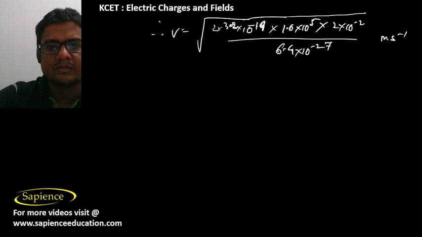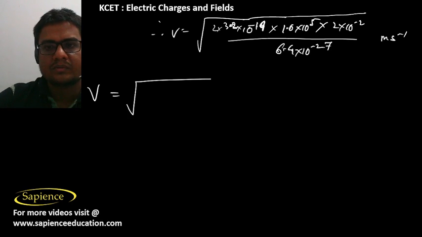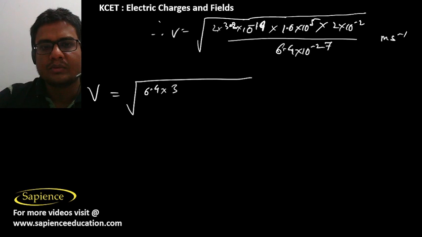Rest, okay. So v will be equal to the square root of 2 into 3.2, that is 6.4, and 1.6 into 2, that is 3.2 again, into 10 power minus 19 plus 5 minus 2 plus 27, this much meter per second.